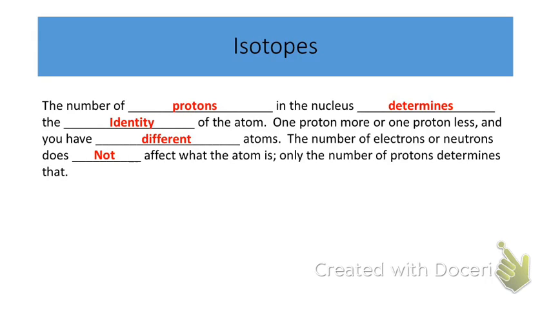So the number of electrons and the number of neutrons does not affect what the atom is. Only the number of protons determines that. The reason why carbon is carbon is because it has 6 protons. The reason that hydrogen is hydrogen is because it has 1 proton. So it's the proton number that determines the identity of what atom we're looking at.